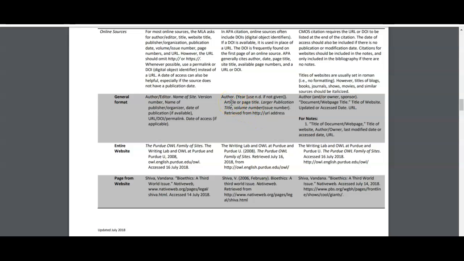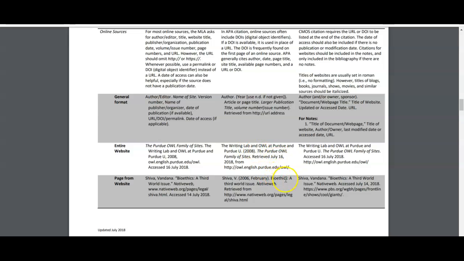You do need to find the author, if possible, of the website, or it could potentially be an organization. So if you use the entire website, you'll put the organization name as the author. You still need the year. If you cannot find the year, n.d., N period, D period, lowercase, can be used instead.